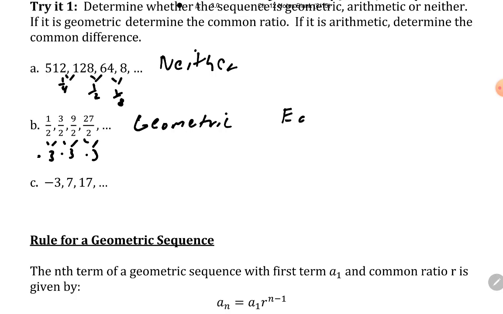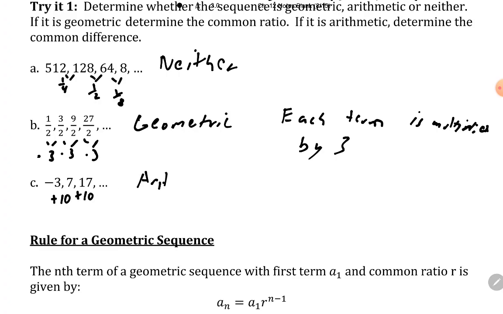Each term is multiplied by 3. Okay, part C. If I look at the difference here, this is plus 10, so this is arithmetic. D equals 10 here, R equals 3 here.